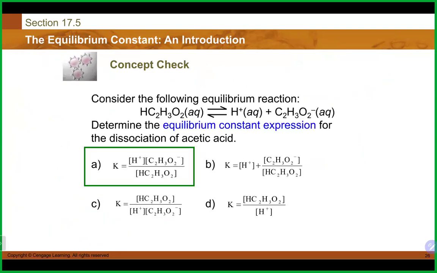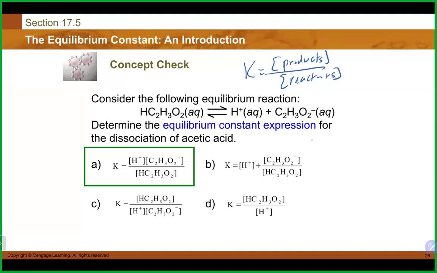All right, so let's take a look at this one here. We want to determine the equilibrium expression. Once again, we're going to go with K equals the concentration of our products divided by the concentration of our reactants.